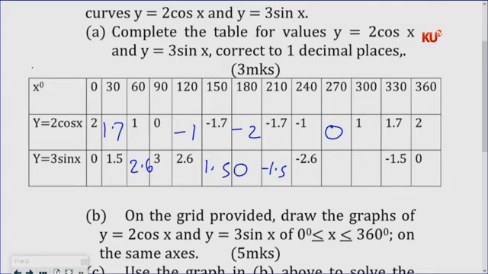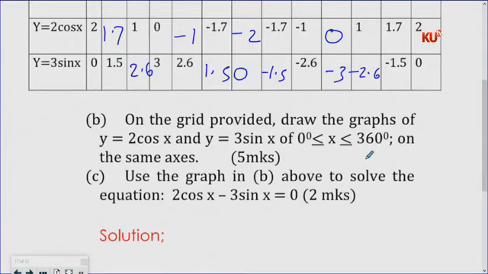Let's move on to 270. We have negative 3. And finally, 300 degrees. You'll have negative 2.6. And that is it. You get your 3 marks. Just as simple as that, learner. Very simple indeed.